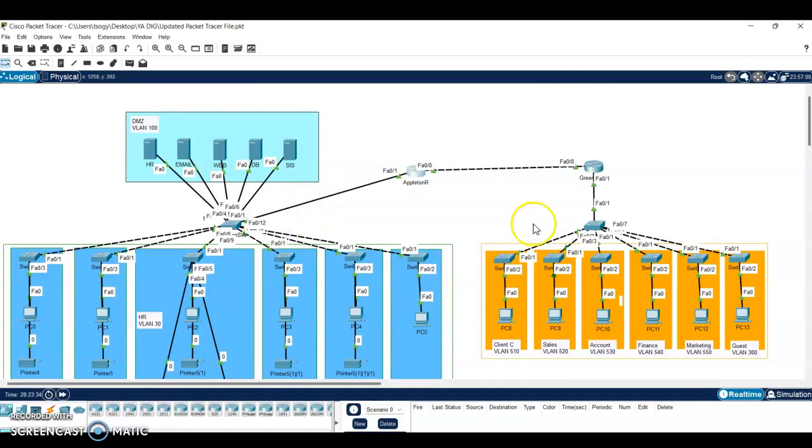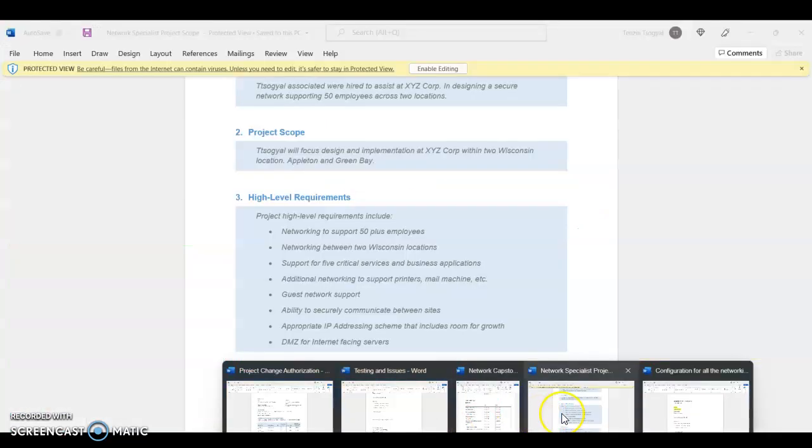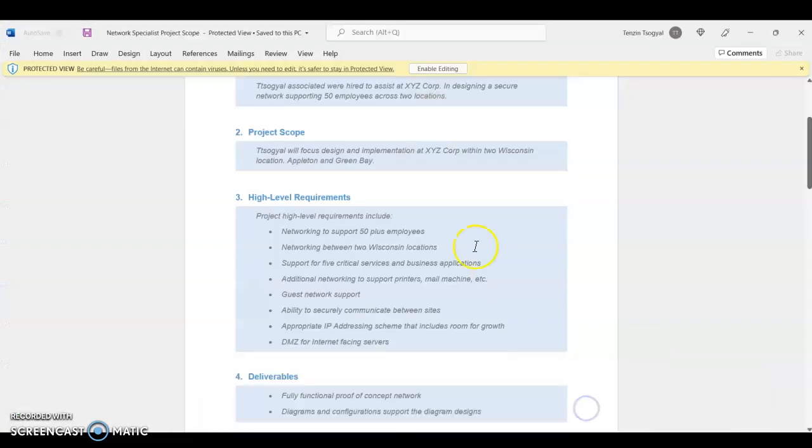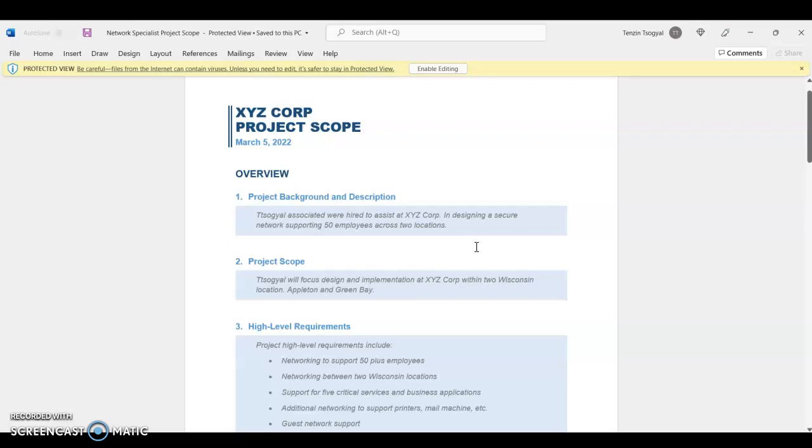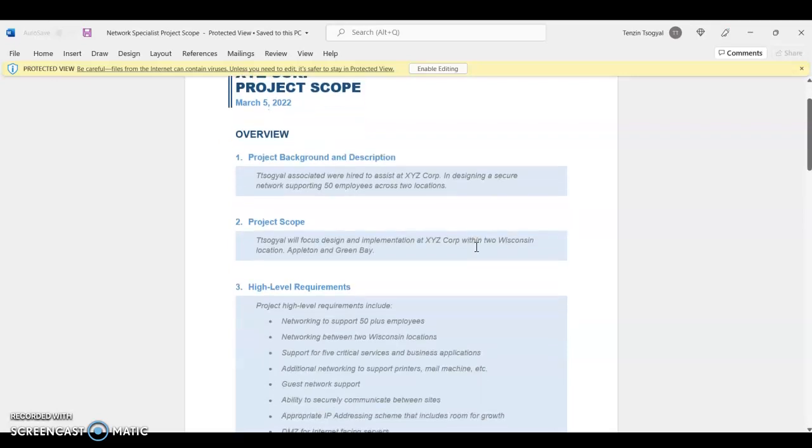And now I'd like to talk about my project scope. This is my project scope.